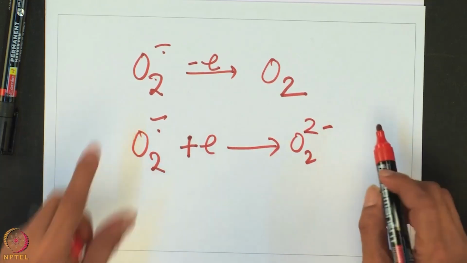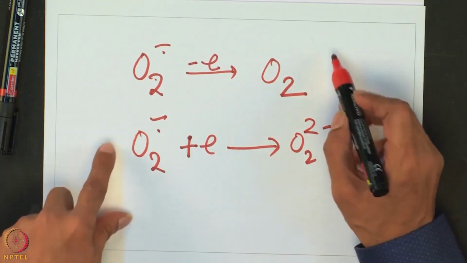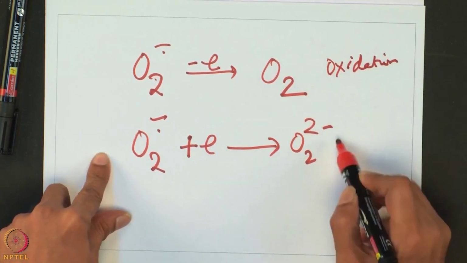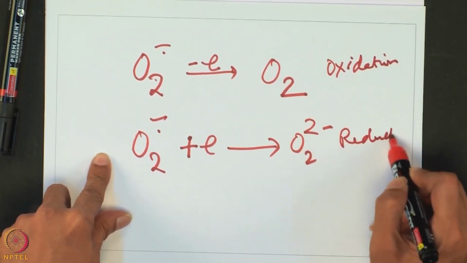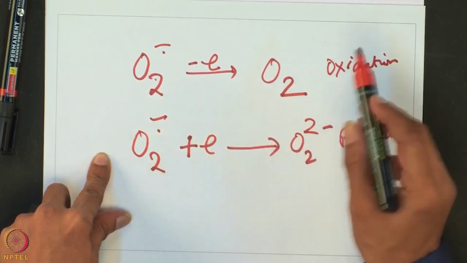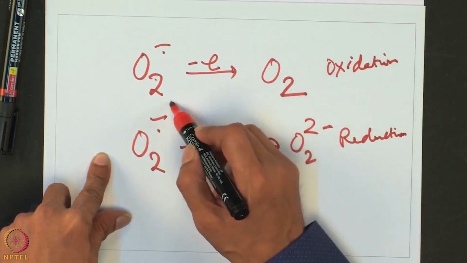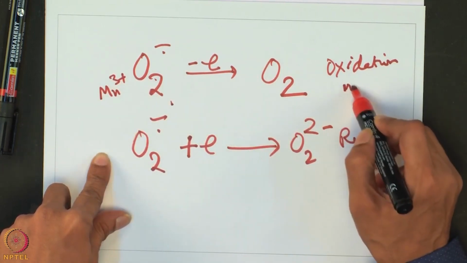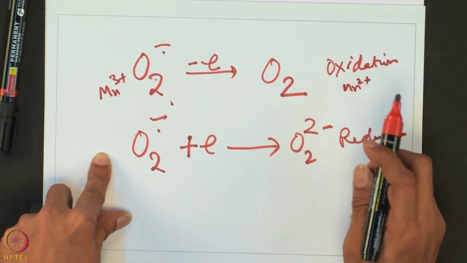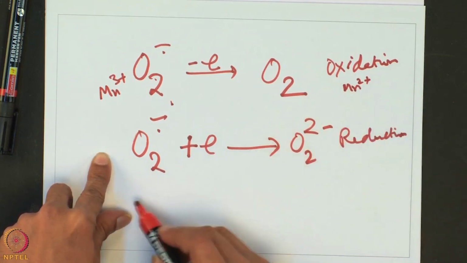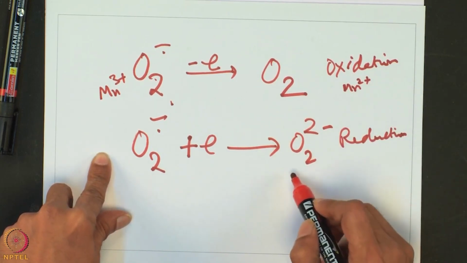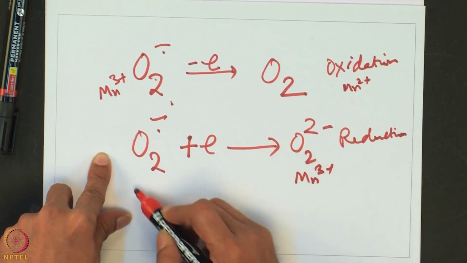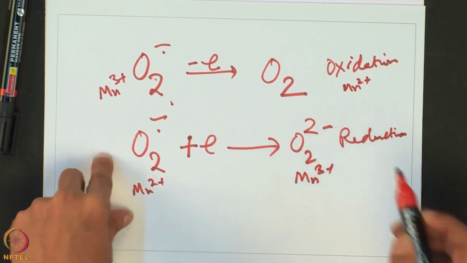So you have an oxidation part and a reduction part. This means manganese 3 plus will go to manganese 2 plus, and then manganese 2 plus will go again to manganese 3 plus.